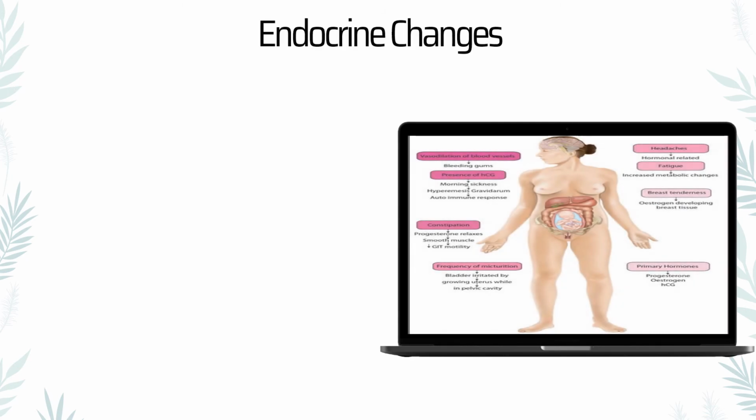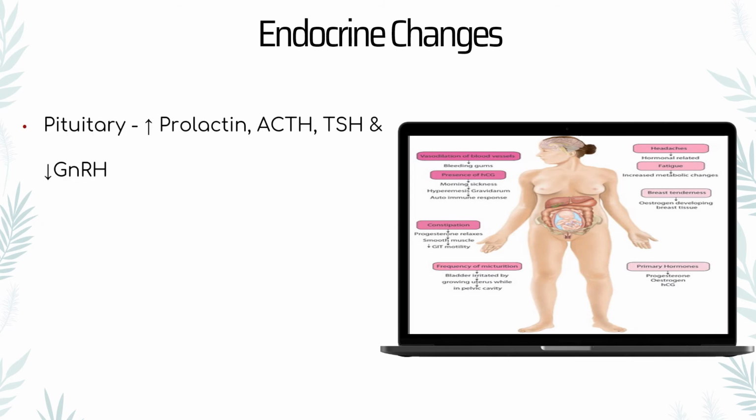Endocrine changes. Almost all the endocrine glands react during the pregnancy. First, due to increase in the metabolic load, and secondly, in response to the hormones produced by the placenta and the fetus, other endocrine glands react.